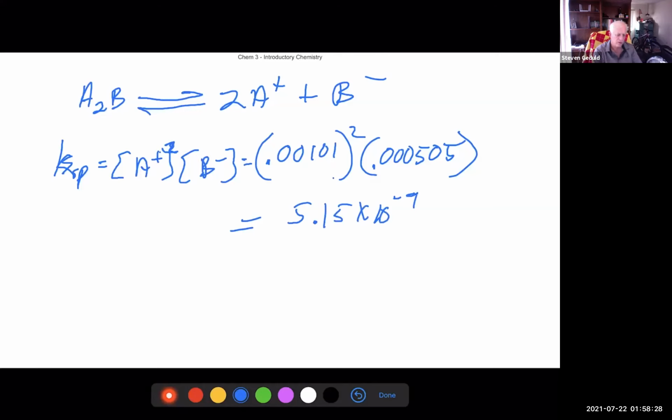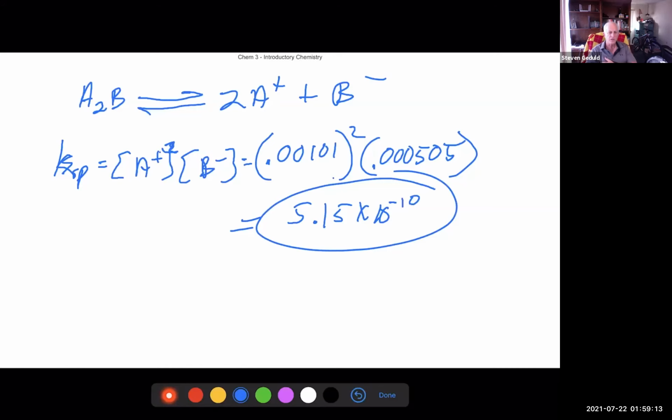Let me check my math on that. 0.00101 squared times 0.000505. Sorry, I didn't think that sounded right. It's 10 to the minus 10. Gotta watch my zeros when I use my calculator.